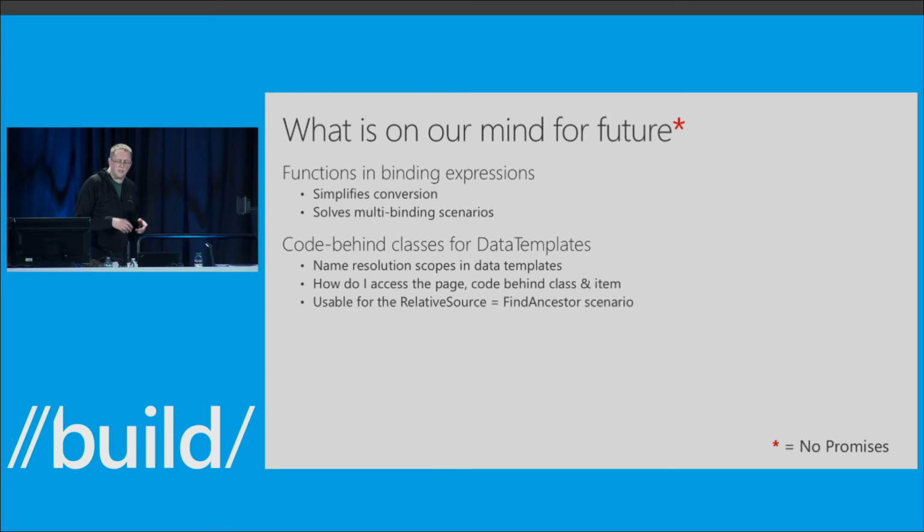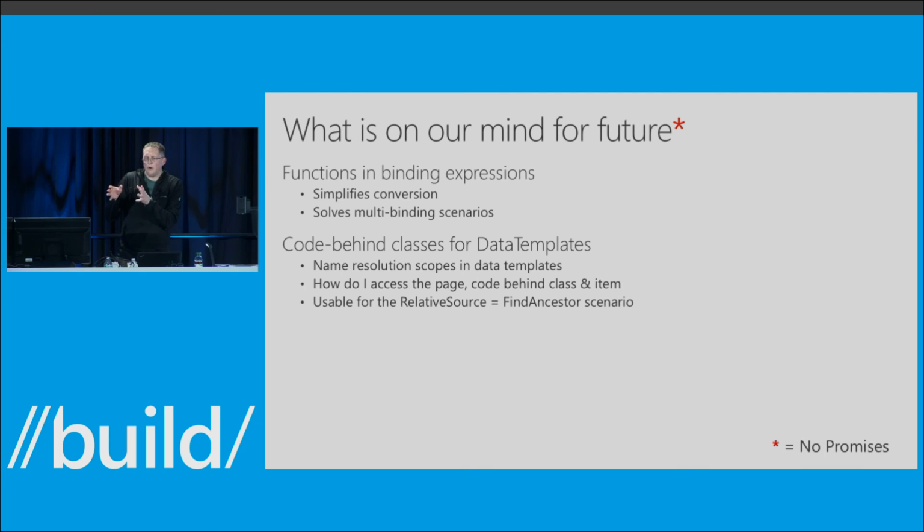Other things we've been thinking about: for data templates, we create this code-behind class for it, but it's not truly a code-behind class that you as a developer can play with for your data templates. So we've been thinking about how to enable you to specify your own class for that data template and then have your own logic tie together with function binding, so I could put functions in there and use those inside the bindings of that data template.